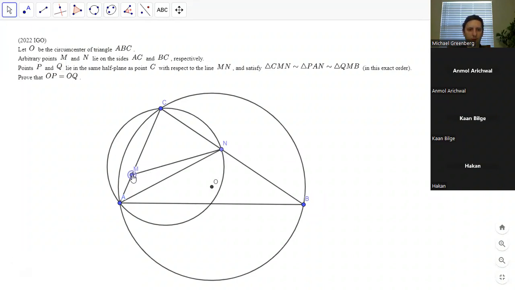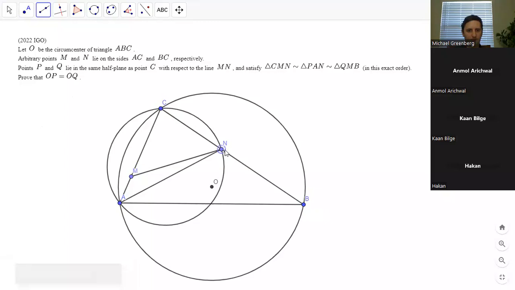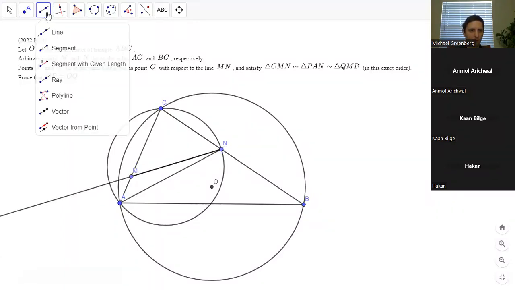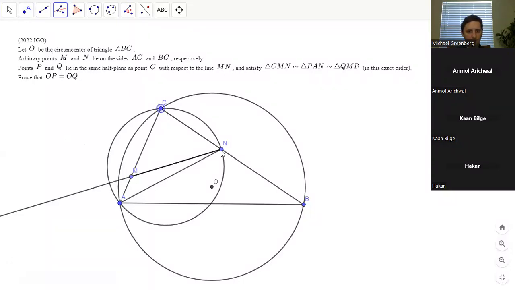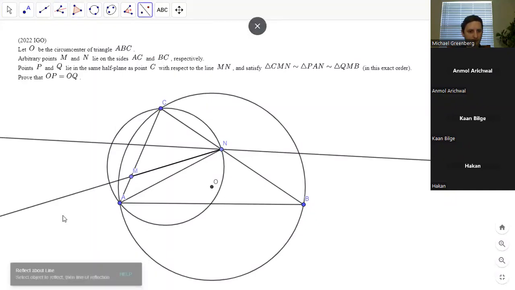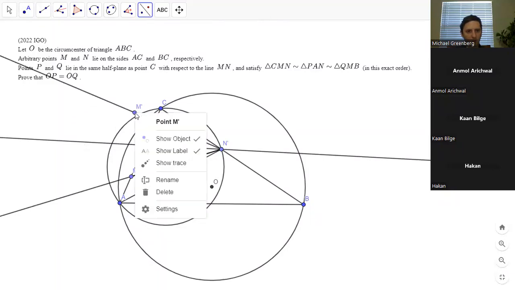So let's draw an isogonal. So we have the angle bisector. And we do some reflecting. Okay.